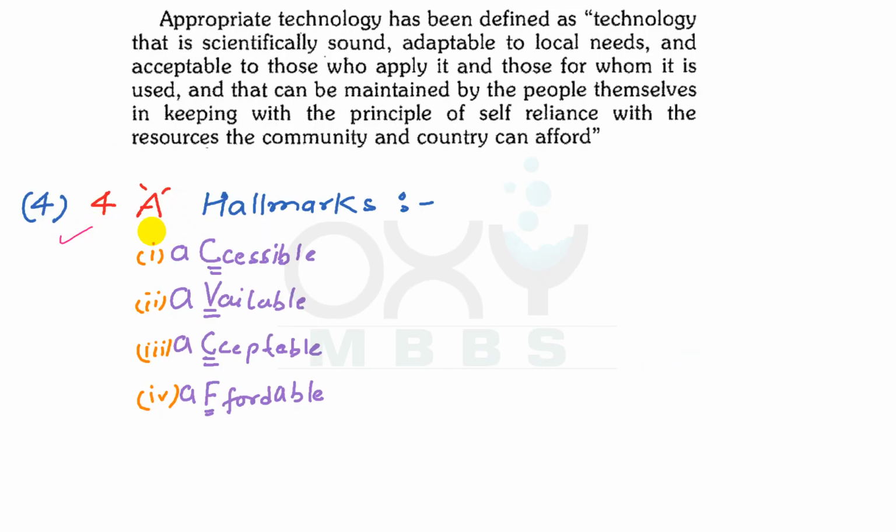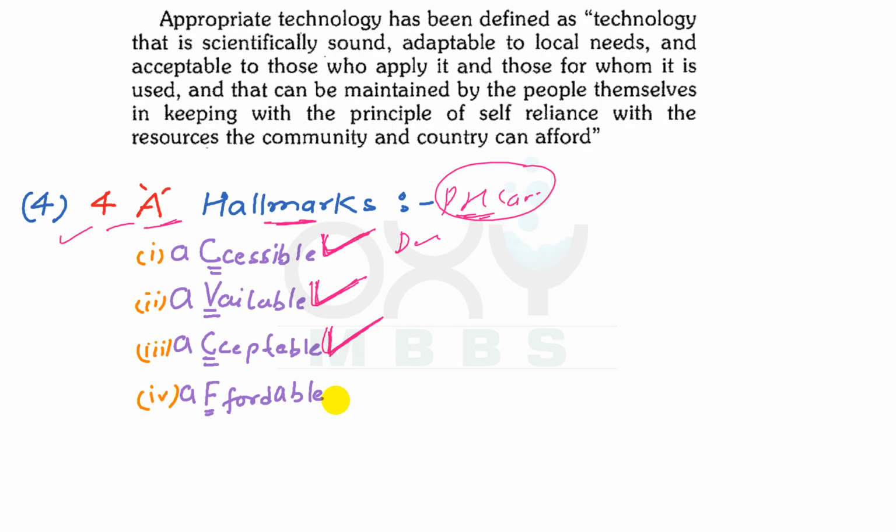Now next are the 4 A's, the hallmarks of primary health care. What are these hallmarks? First, primary health care must be easily accessible. As I have defined in the definition, all the health facilities must be available at the time when the patient reaches the primary health center. All the treatments applied on the patient should be acceptable by the individual, by the community, by the patient.